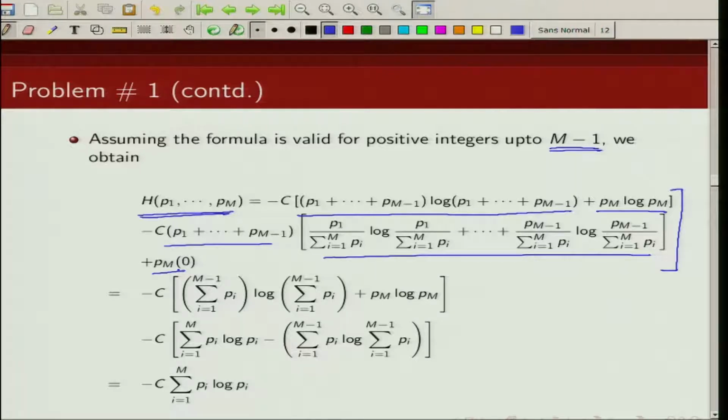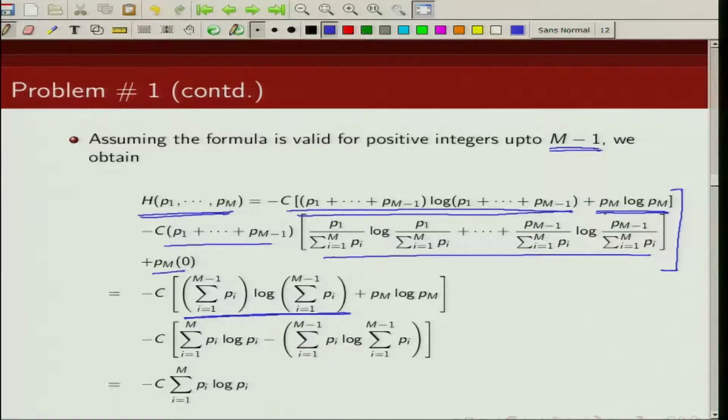So now we know that this term is given by this, because this holds for m minus 1, so this is the expression.